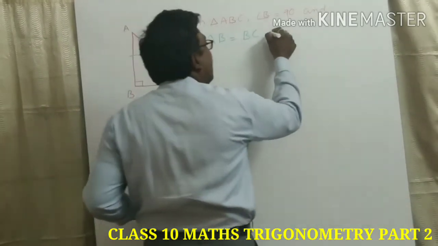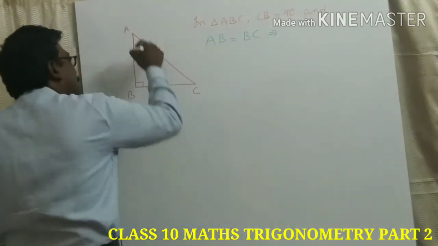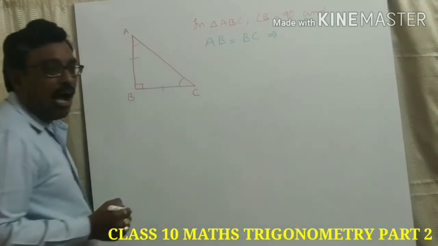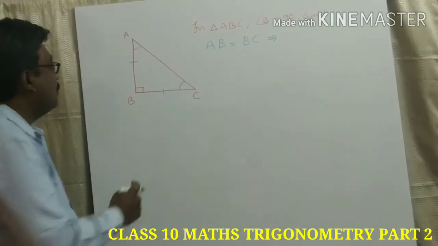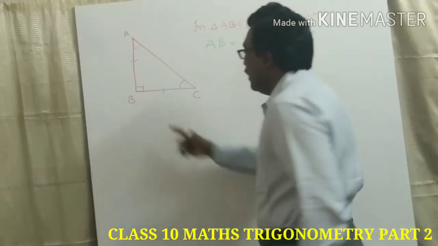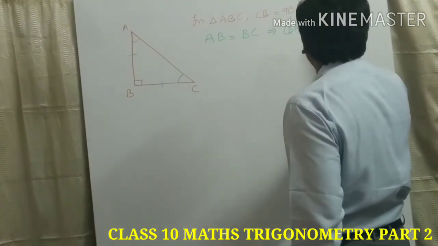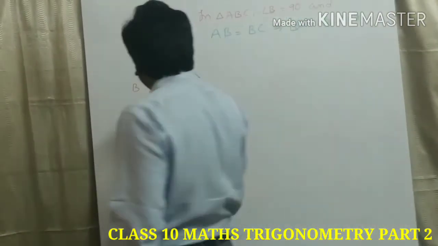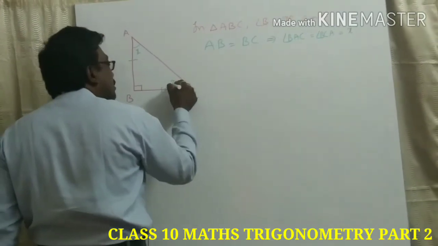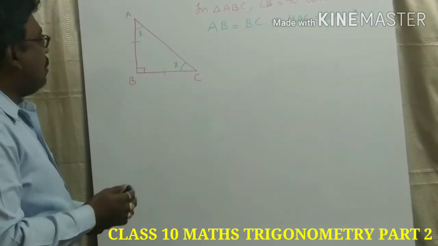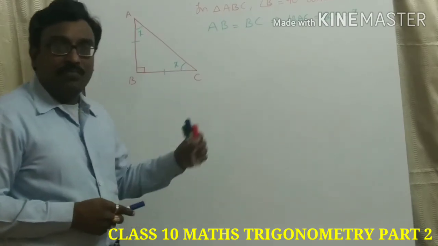If two sides are equal in a triangle, then their opposite angles are equal. That means angle BAC is equal to angle BCA, I am taking as x. Now, can we apply the angle sum property of a triangle?